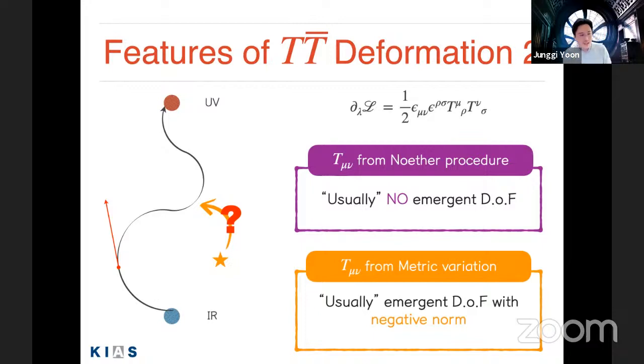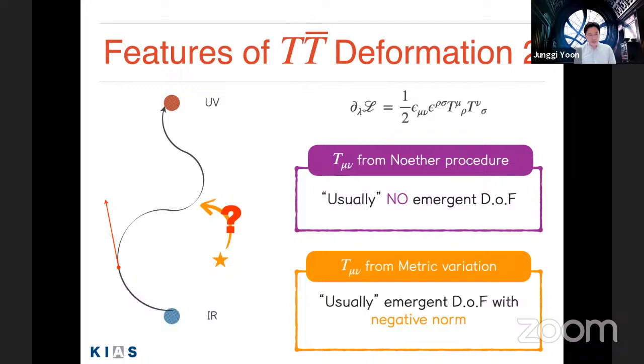It depends on whether you use the energy-momentum tensor from the Noether procedure, the metric variation, or any other improved energy-momentum tensor. It does not mean that the TT-bar deformation can be coupled to the new degree of freedom, but this just means that there is an exact correct choice of the energy-momentum tensor which does not give the extra degree of freedom.